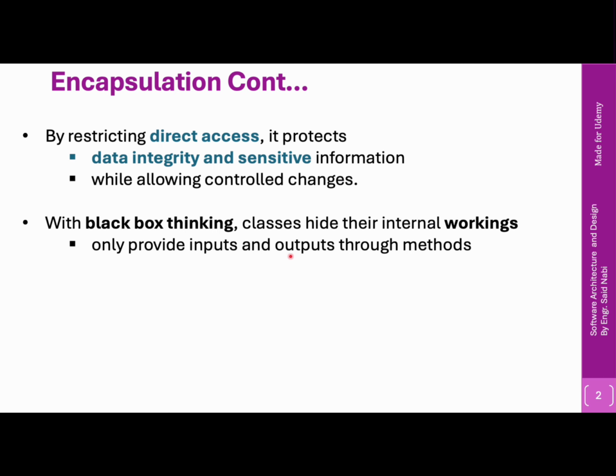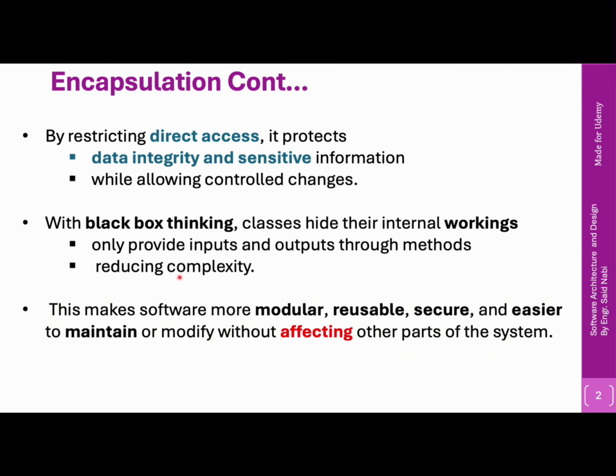Only inputs and outputs are provided through methods. You can only enter the PIN or choose a particular transaction type. You cannot see the internal workings of the ATM, reducing complexity, and that is what we aim for. We want to reduce the complexity of our system, and we can achieve that by encapsulation.